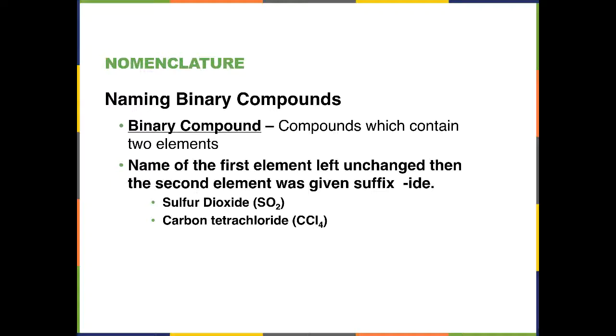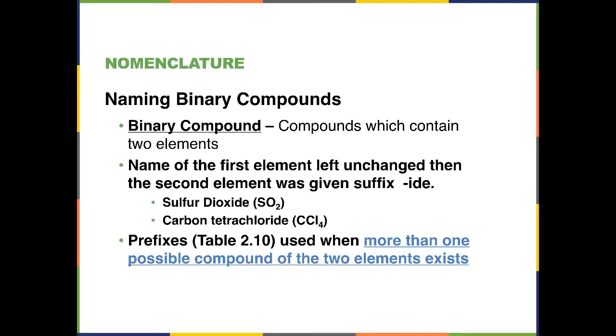Carbon tetrachloride, CCl4. Now, where did this di and tetra come from? Prefixes, look in table 2.10 in your book, are used when more than one possible compound exists for the 2 elements. So, for example, the top one, sulfur dioxide, in nature there's also a sulfur trioxide. So the di is included to tell you that there are 2 oxygens.